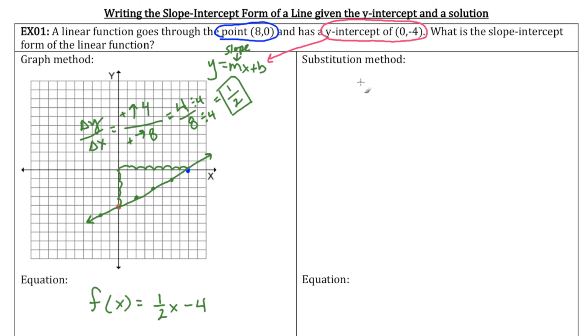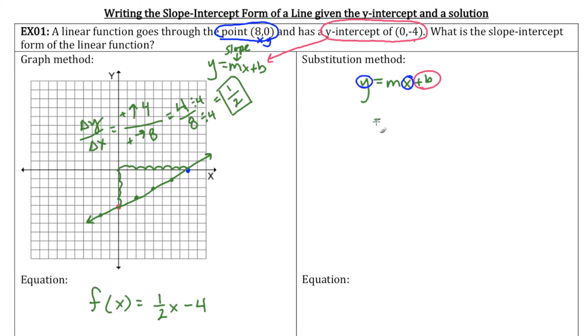So I have y equals mx plus b. Don't forget that this is my b right here, and this is my y-intercept. And then this point is my x and y, so this goes right here and right here.